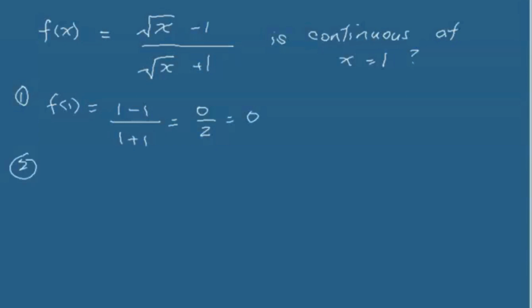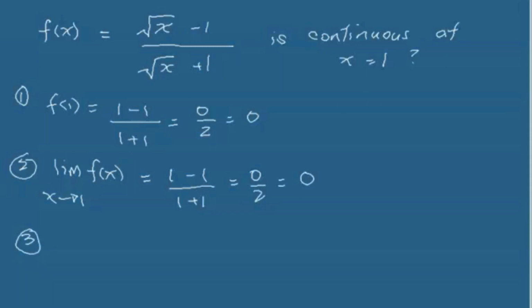Step 2: the limit exists. So the limit of f of x as x approaches 1 exists. Let's do this by substitution as well. The square root of 1 is 1, so 1 minus 1 over 1 plus 1 is equal to 0 over 2, which is also 0.